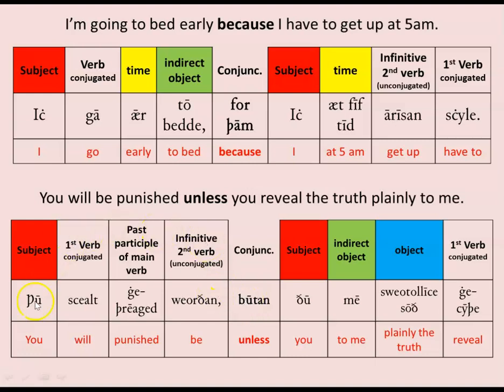You have normal word order in the main clause. You have verb last order, that's subject and then words in between and then verb at the end in the subordinate or secondary or dependent clause. Thu shalt yathareached werthan butan thu me sawetolicha soth yakude.